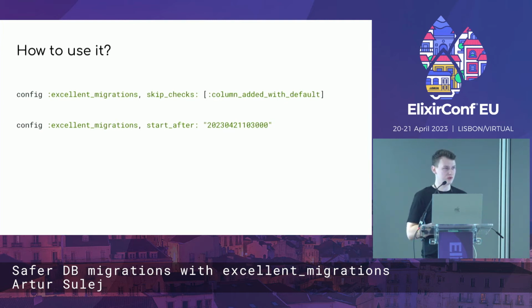It's useful in a case when you use a newer version of a database and you are sure that something was fixed and it no longer needs to be checked. And another one is start after, where you can pass a timestamp from which migrations will be checked. This is useful.